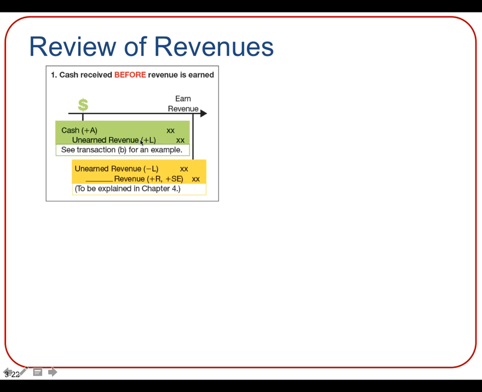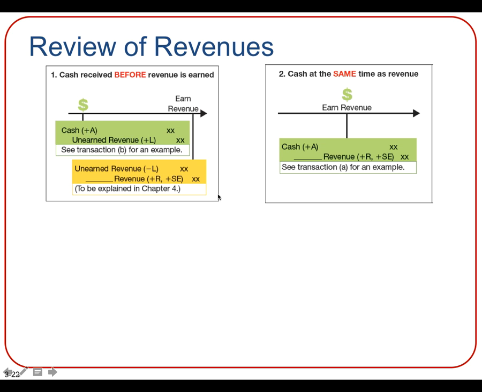No revenue yet. Only after a month, after you provided the service, do you reverse out the entry. You have a credit balance of unearned revenue. Now you debit the unearned revenue, and then you record the revenue, because that's when the earning process is finished.